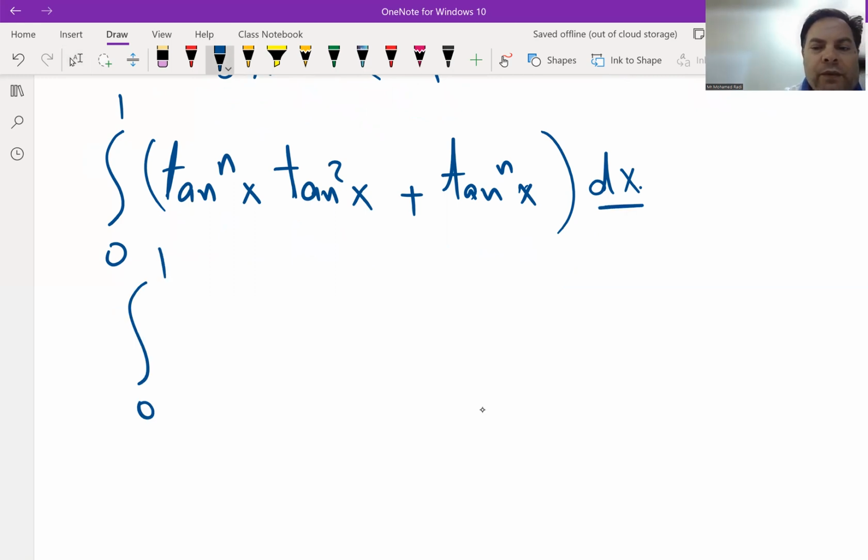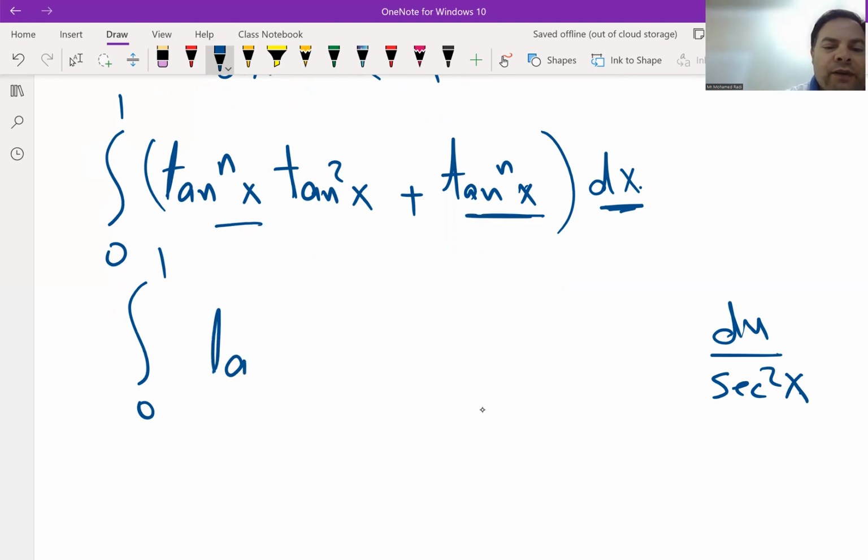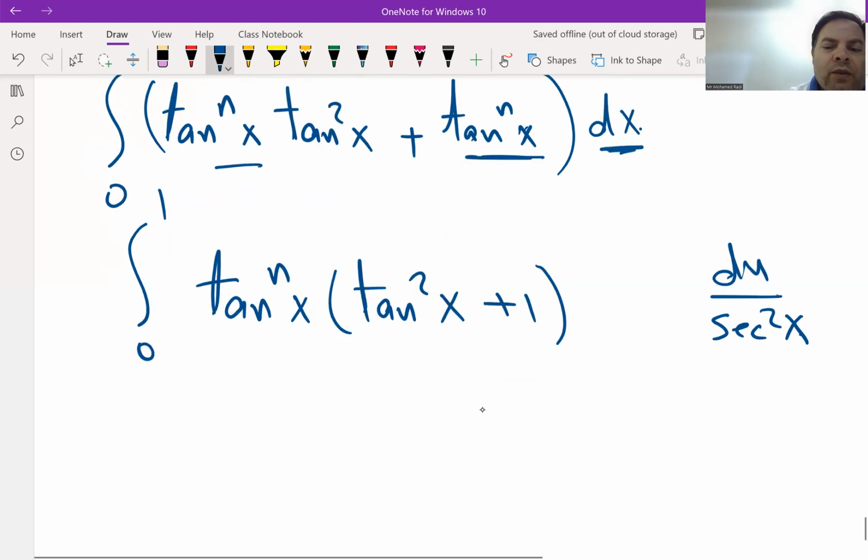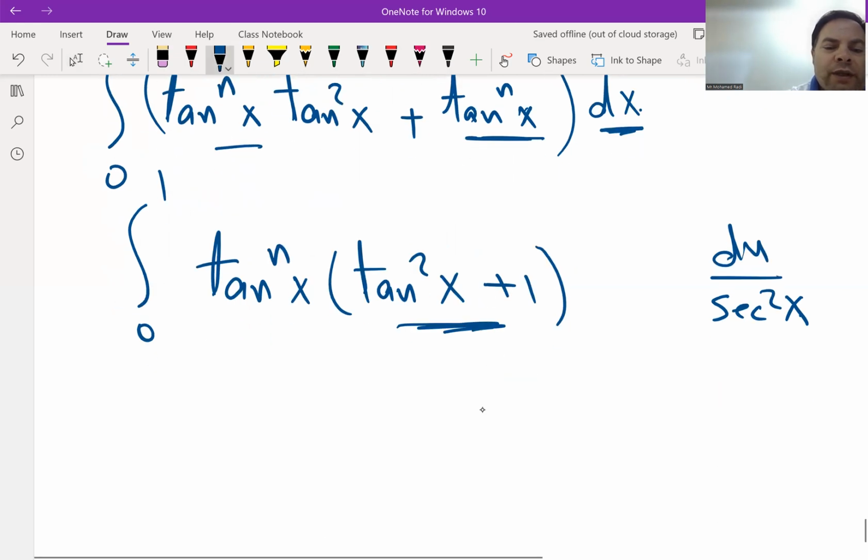Now remove dx and write it du over sec squared x. By taking tan power n outside as a common factor, we get tan squared x plus 1. 1 plus tan squared is sec squared. Integrate from 0 to 1.